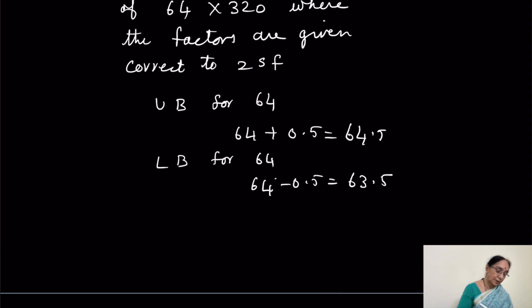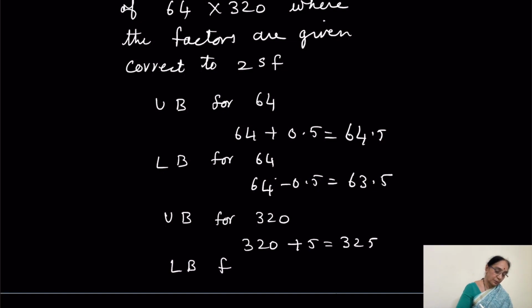Now what about 320? Upper bound for 320 would be 320 plus 5, 325, and lower bound for 320 is 320 minus 5, 315.